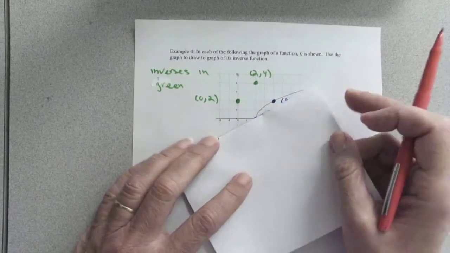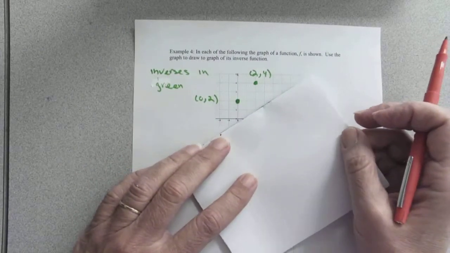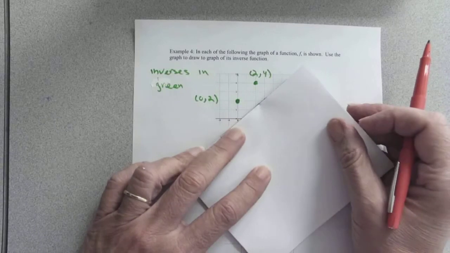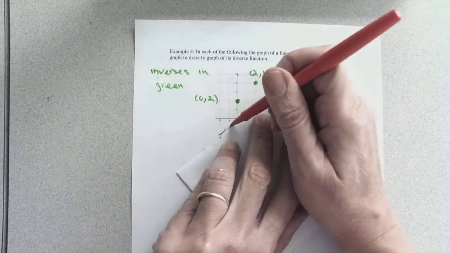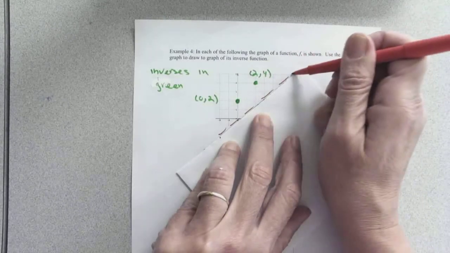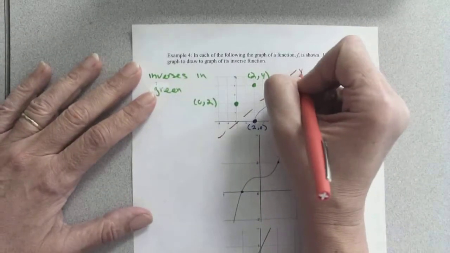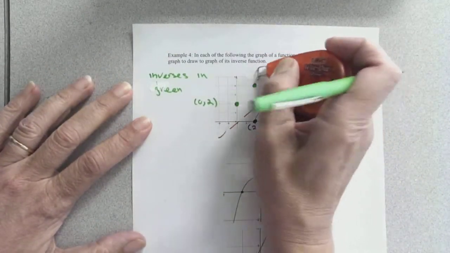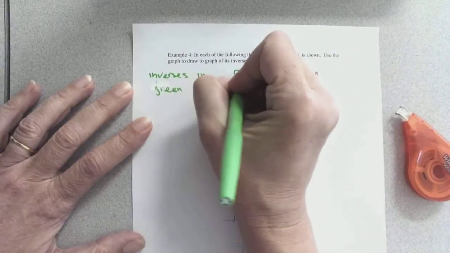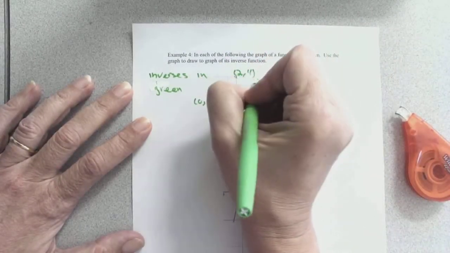Then the next rule that we're going to use: the graph has to reflect across the line y equals x. And so there's the line y equals x. We're going to have to use our imagination a little bit, and anything that you draw that looks like you tried would be okay.